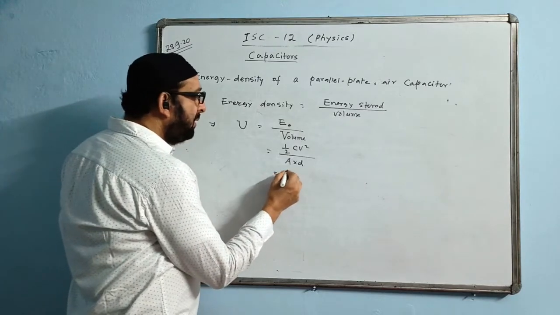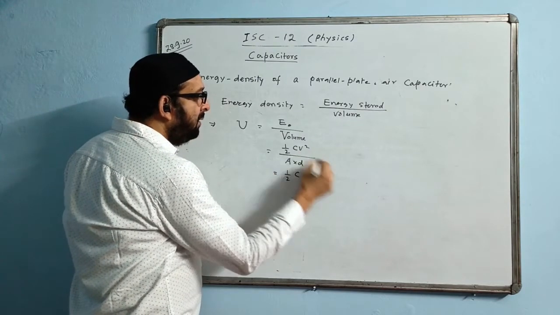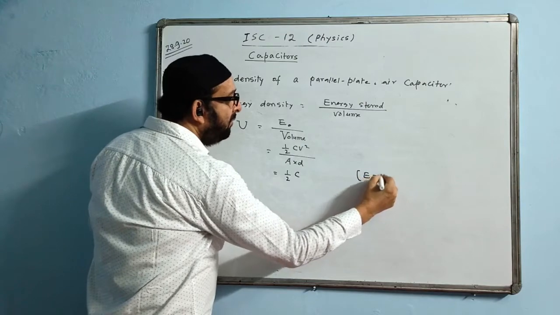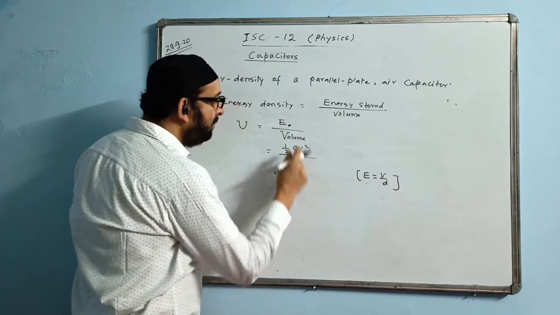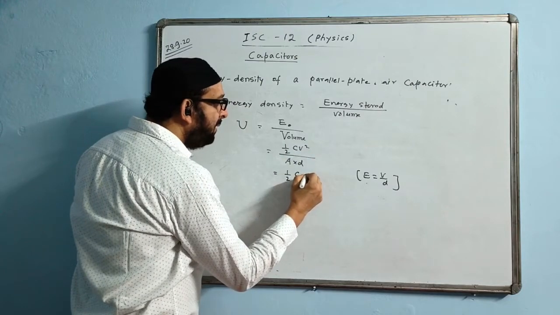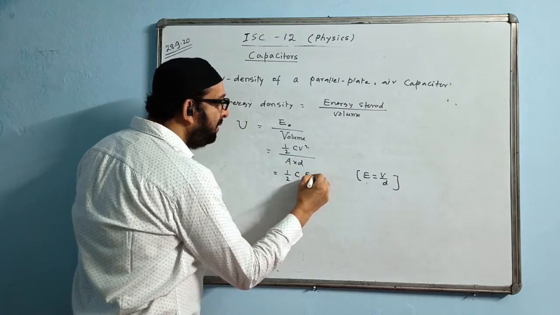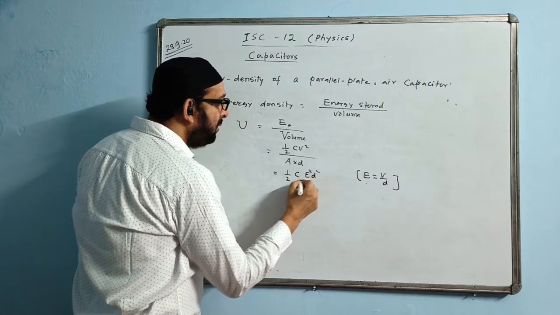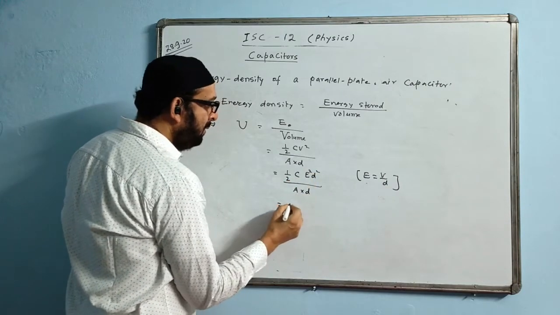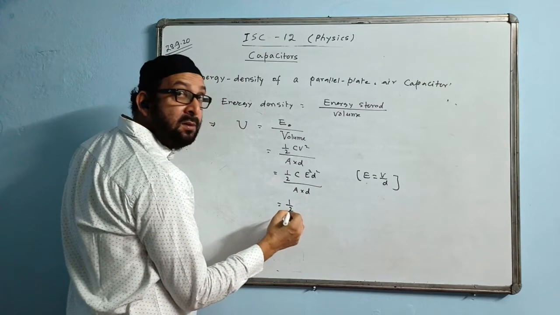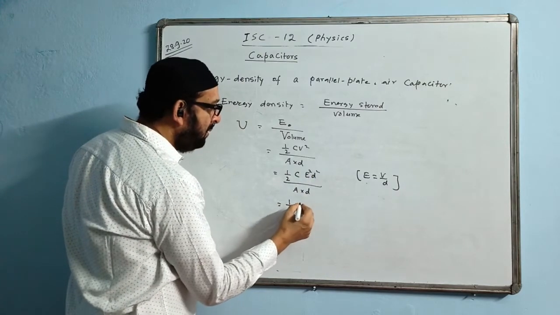Now we continue with half C. We know the electric field formula: E equals V by d. Therefore V will be equal to E into d. The value of V I will be writing here as E into d. It will become E squared d squared by A into d. Getting half as it is, d and d cancel.